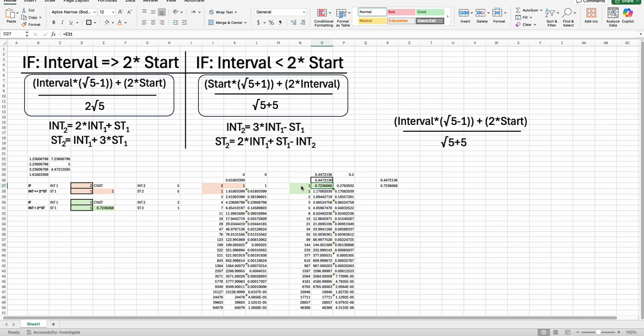So we know that working with clean numbers, we generate this Fibonacci sequence right here. But this can be generated from this base number, which is the square root of 5 plus 5, divided by 10, and you see that's the same pattern of numbers.